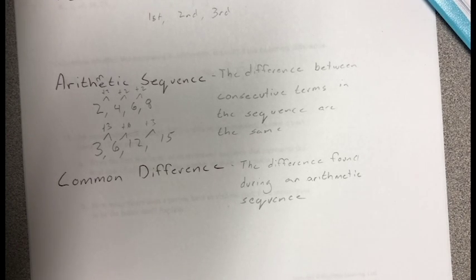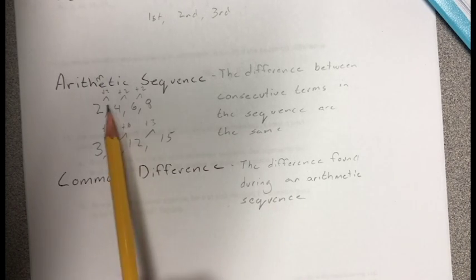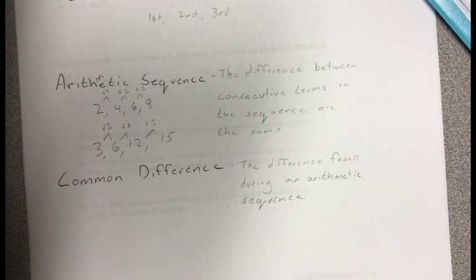It's the difference found in an arithmetic sequence. So the first one we talked about has a common difference of a positive 2. So, long story short, basically arithmetic sequences are finding patterns. You've done that before, probably when you were in lower grades. So this is not that big of a deal. It's just got a new name.